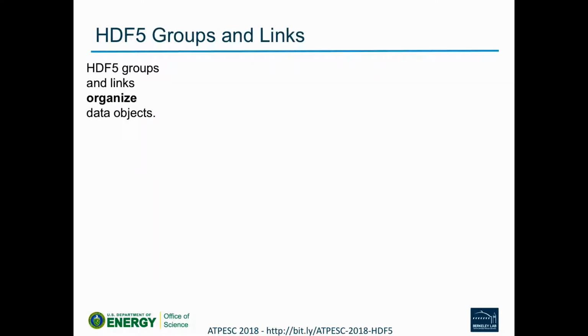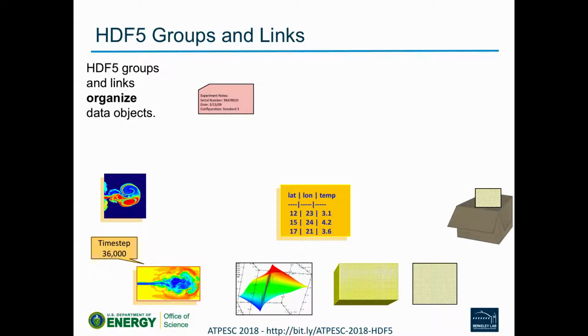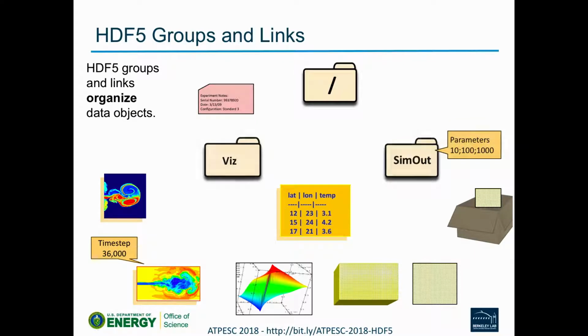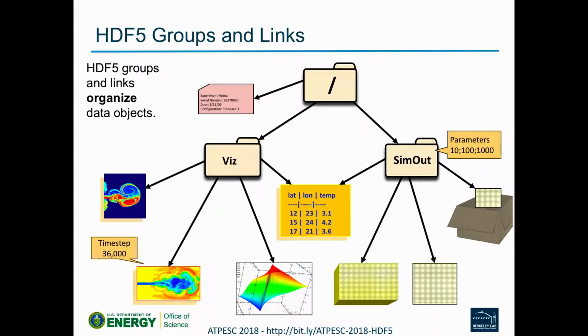Groups and links is where I usually lose a couple of people, but, well, you can do complicated things. And I like them, but then they get complicated, and most of the time you don't need them in an HPC environment. But if you have an HDF5 container, you don't just want to throw a whole bunch of data sets in the file without any structure to them. What you want is some kind of grouping or hierarchical structure for the data in the file.